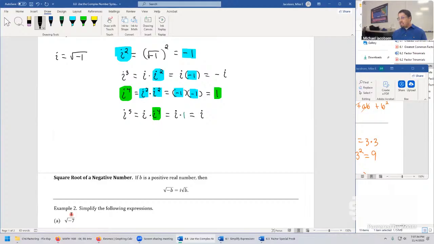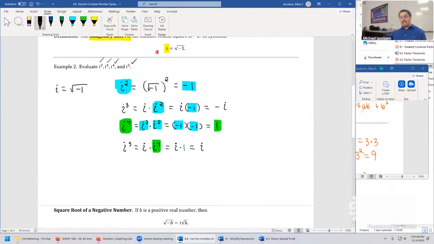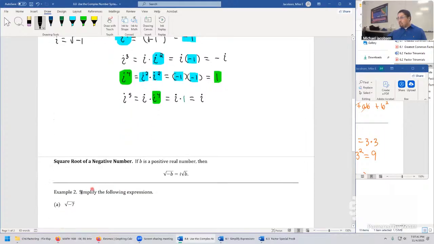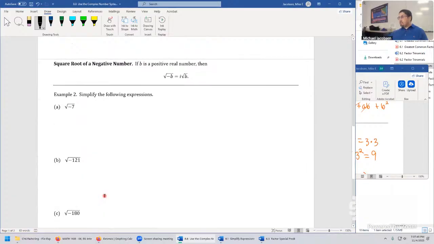So if we can simplify this in a nice, clean way, that's the whole purpose of why we're working with i to begin with, just to simplify these kinds of square roots as we see them. So the concept is, we square root a negative number, b is positive, so negative b is now a negative number. The negative portion right here turns into i, and the whole thing just becomes i times the square root of b.